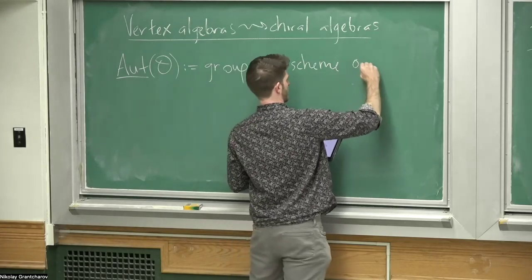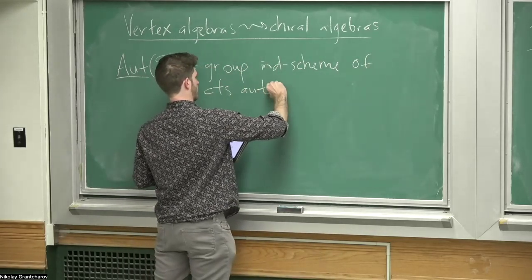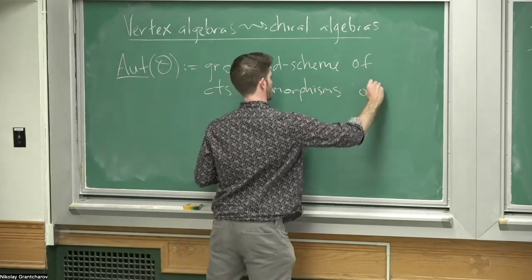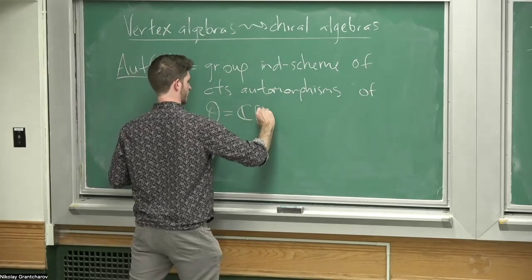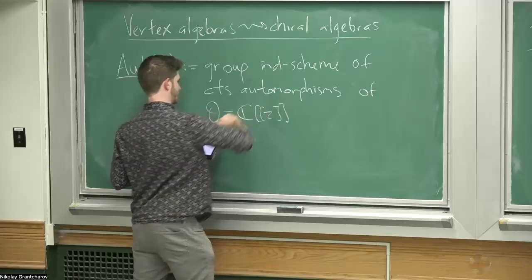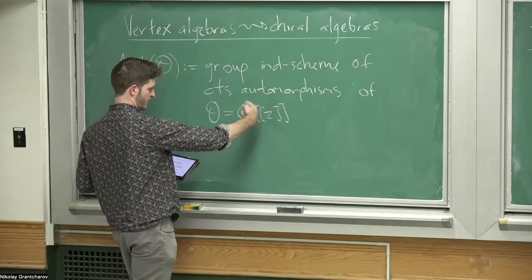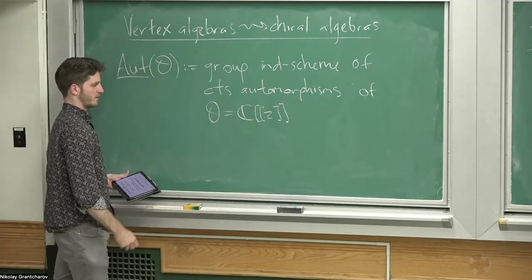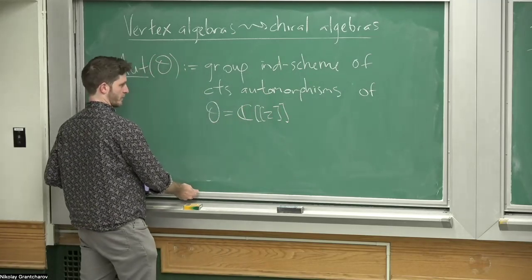So the group scheme of continuous automorphisms of O, which we used this notation for before, is just power series. There's some naive automorphism group of this thing, and you will see immediately that it's naturally a pro-algebraic group.